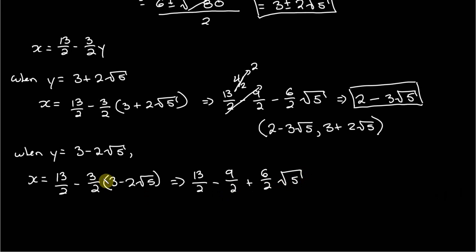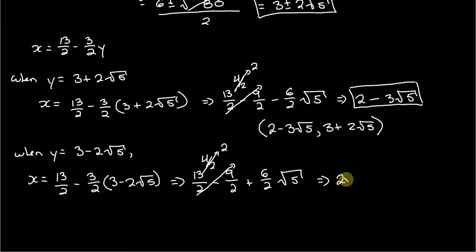Did I do that right? 3 and 3, 9 over 2, yeah, okay. So this simplifies: 13 over 2 minus 9 over 2, that's 4 over 2, which again simplifies to 2. So here we are, this is the end.